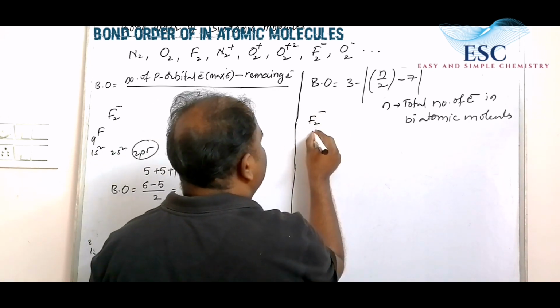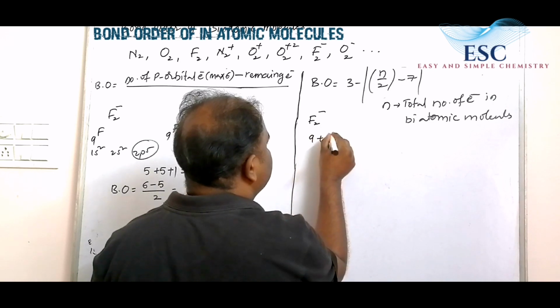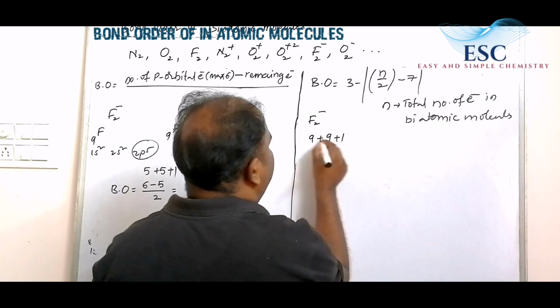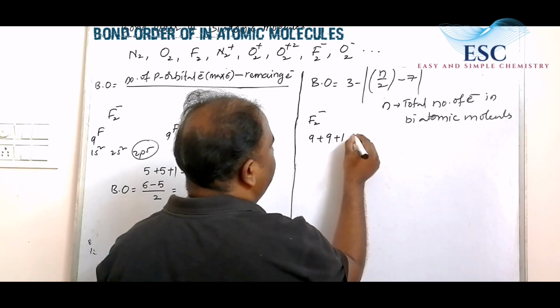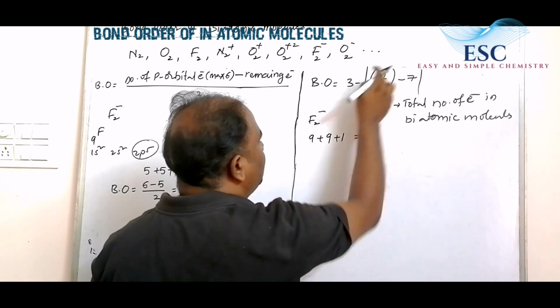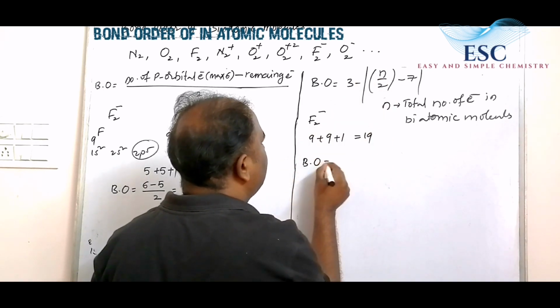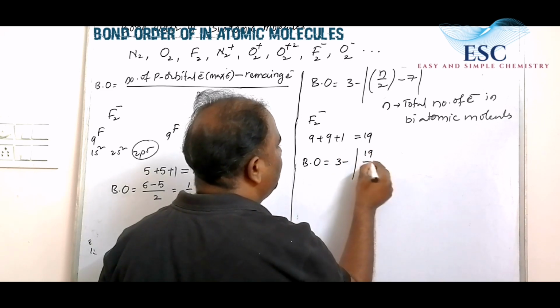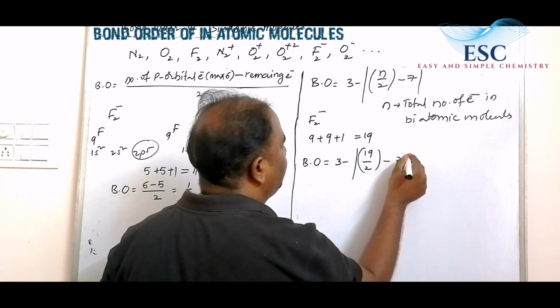F2 minus. Total number of electrons 9 plus 9. Minus means plus 1. 9 plus 9 means 18 plus 1, 19. This is the n value. Just substitute in that equation. Bond order is equal to 3 minus mod of 19 by 2 minus 7. 19 by 2 is 9.5 minus 7, which is 2.5.